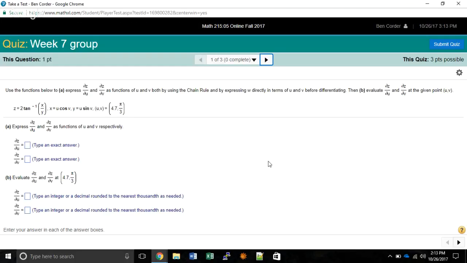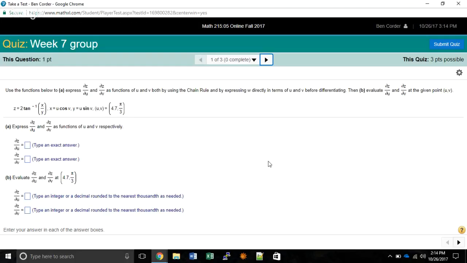Differentiating it first, with respect to u? Or you just differentiate each equation in terms of their variables and multiply. So you'd have z sub x and x sub u, and multiply those together. Or dz over dx and dx over du to get to du.